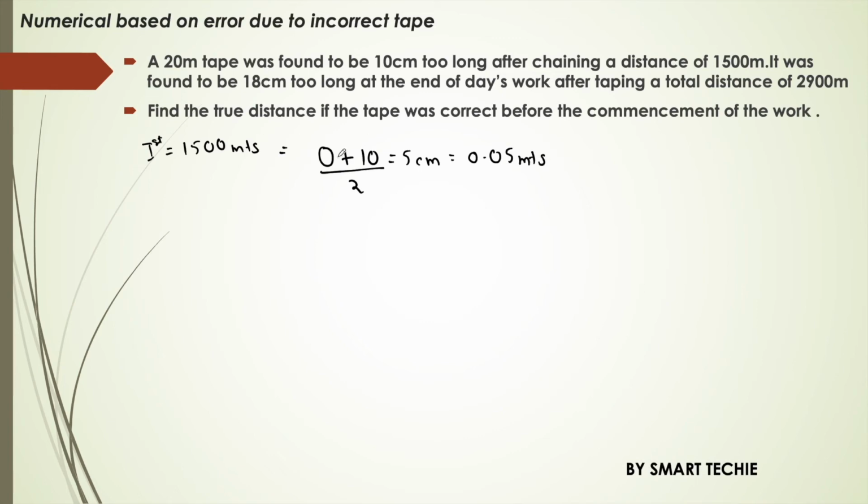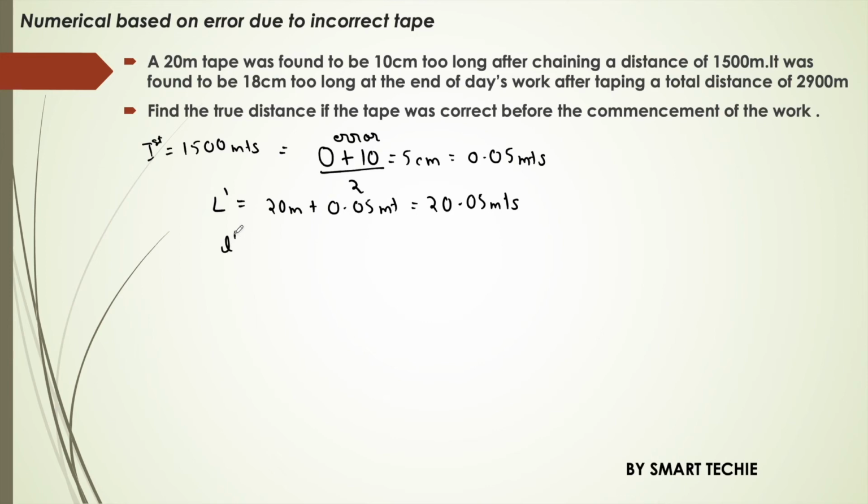So this will be my average error. So what will be my L dash, that is the incorrect length of the tape? Designated length of the tape is 20 meters plus 0.05 meters, that is nothing but 20.05 meters.